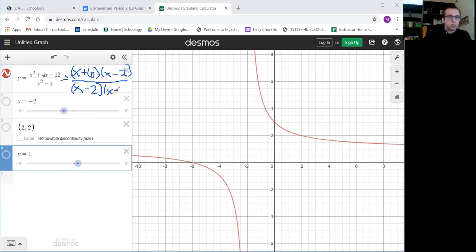Again, that's my difference of two squares and my x method being used. I cancel out my x minus 2s, and I end up with x plus 6 over x plus 2. Now I can use that information to graph my function a little bit better.